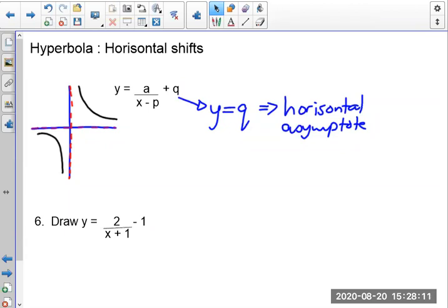So now we have another horizontal asymptote, and we said if q is positive, the graph moved up, and if q was negative, the graph moved down. That's the vertical shift. So the horizontal asymptote moved up, and with that, the graph also moved up.